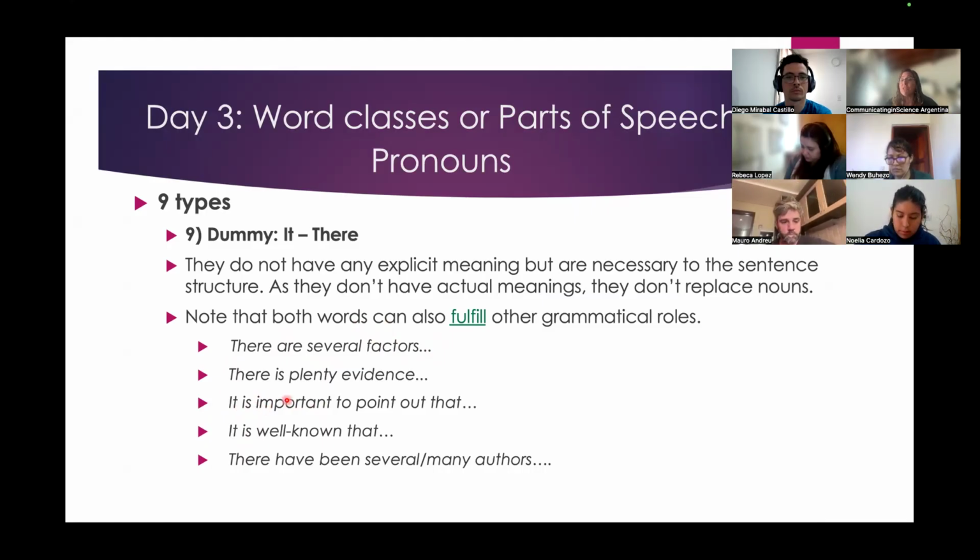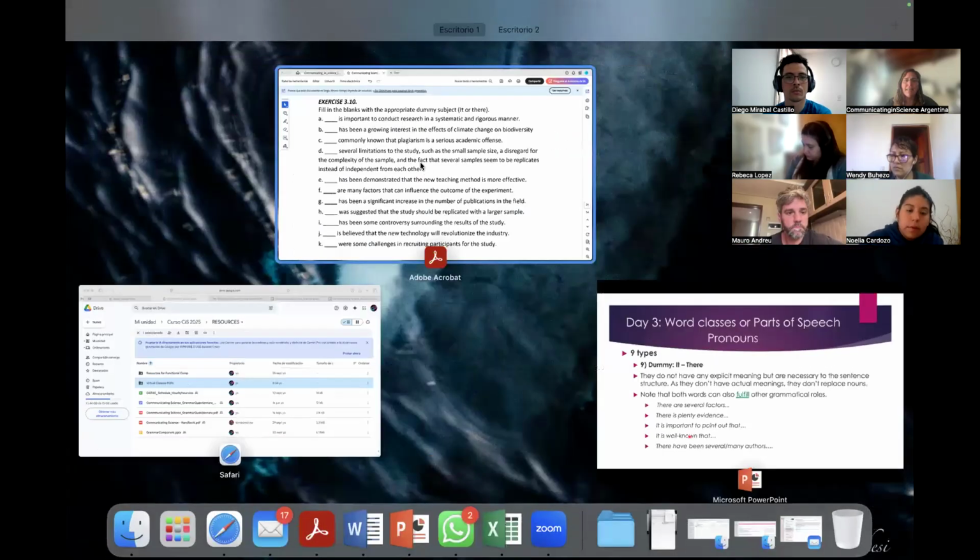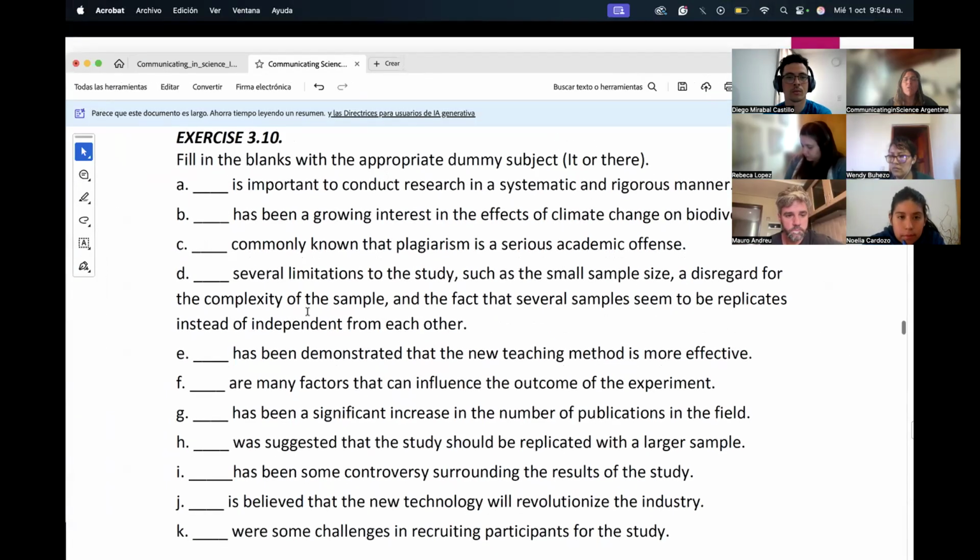It is important, it is well known, it is raining outside. So we are going to analyze these sentences and see what we need, or just try to see how they sound.